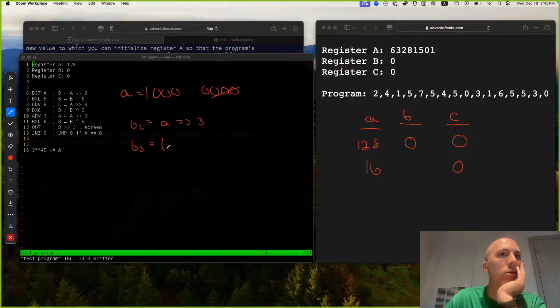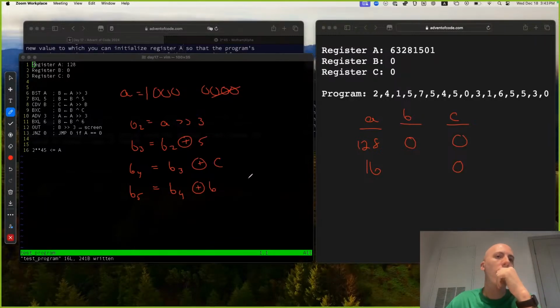B3 is equal to B2 XORed with 5, and then B4 is B3 XORed with C, and then B5 is equal to B4 XORed with 6. And then B5 shifted over by 3 goes out to the screen.